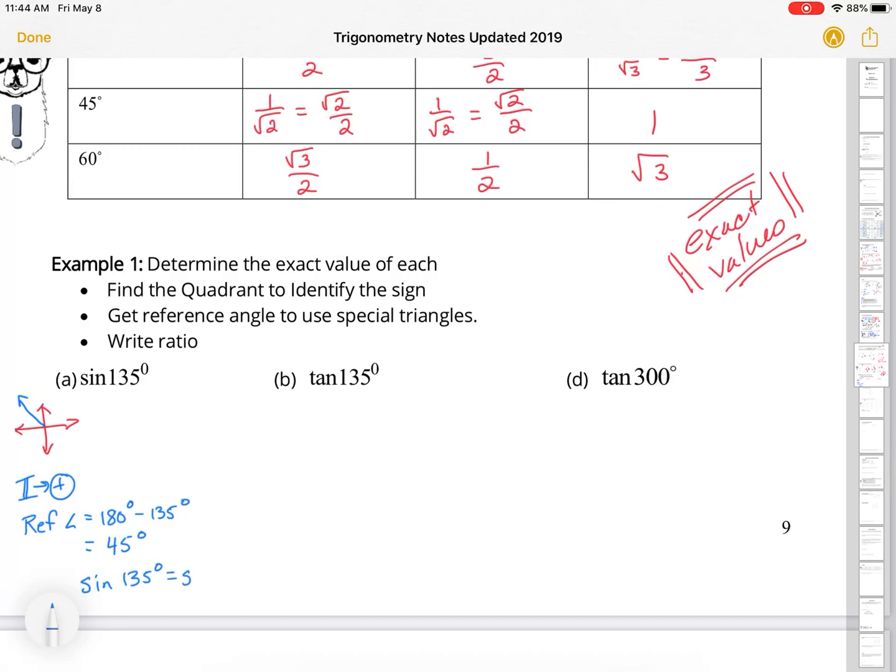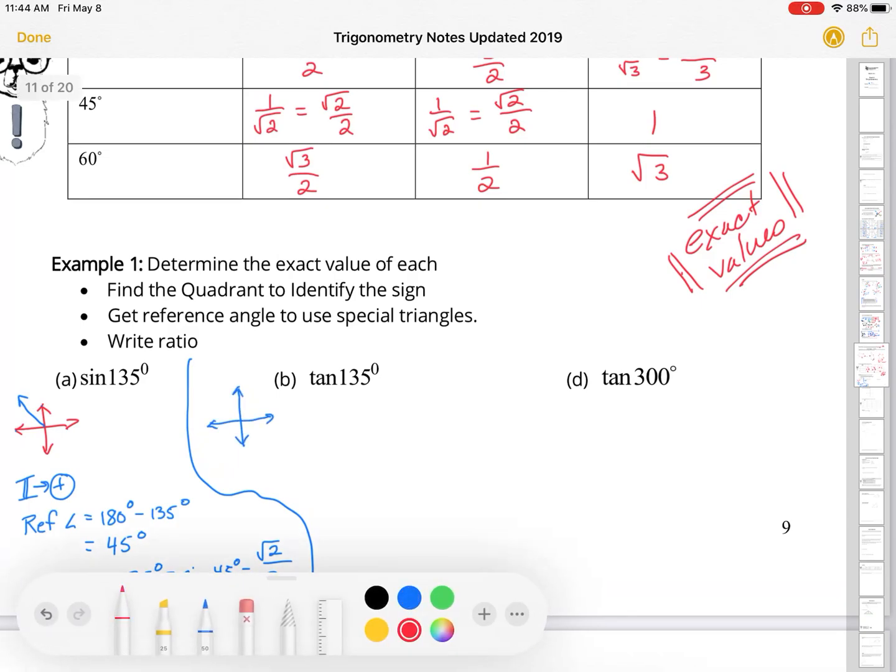So it's going to be positive. It's in quadrant 2, so the exact value of sine of 135 degrees will be the same as sine of 45 degrees, and it will be positive: root 2 over 2.